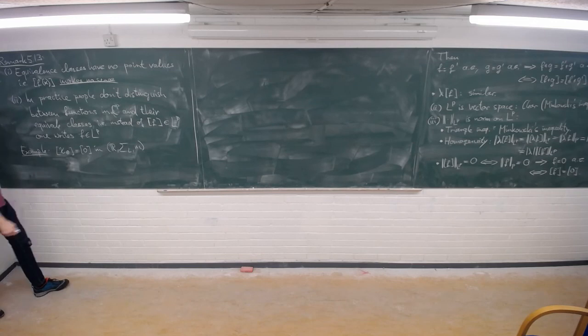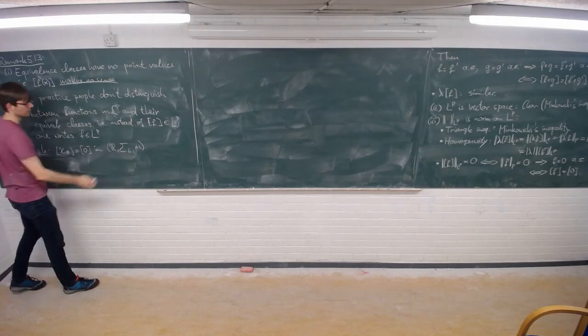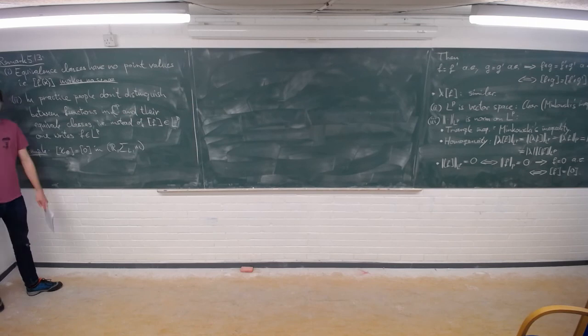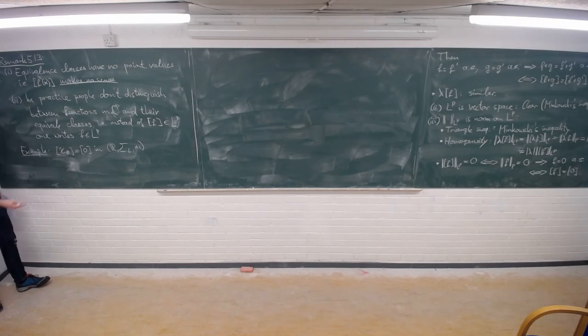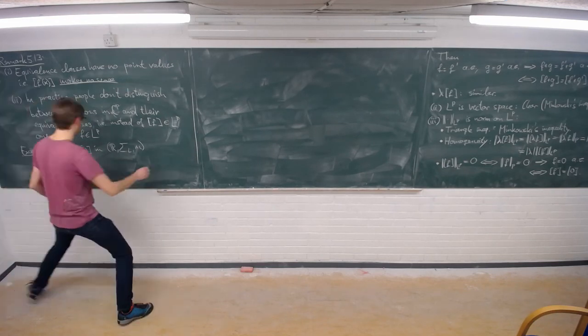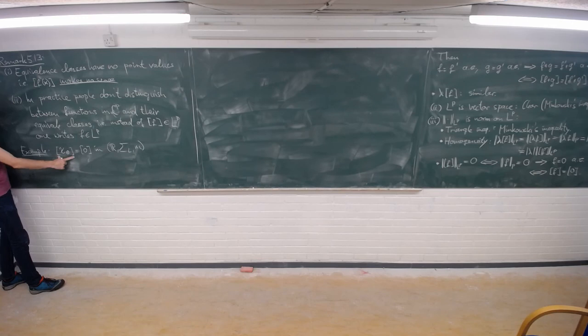For example, if we take the real numbers, the Lebesgue measurable sets and the Lebesgue measure, then the equivalence class of the characteristic function of the rational numbers is the equivalence class of 0, right? So in the new LP space, this equivalence class is just the 0 element. This is equal to 0.